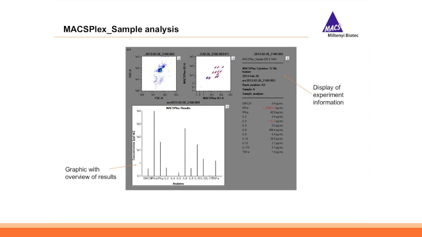Over here, we also display the experiment information, but we show a bit more. For example, we also show the rack position of your sample. And down here, there is the really relevant information. There is the cytokine concentration for each analyte displayed. You see that some of the results are marked in red. Those are the not well-defined results.